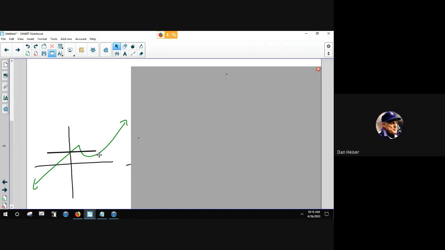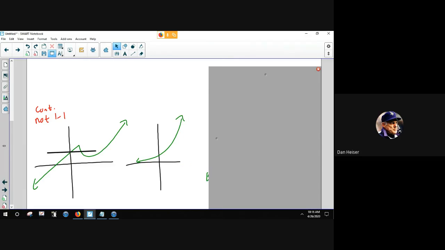Now this is still a function. Let's be clear with that. It is still a function, but it is not one-to-one. It is continuous because I can trace this entire green path in one motion.